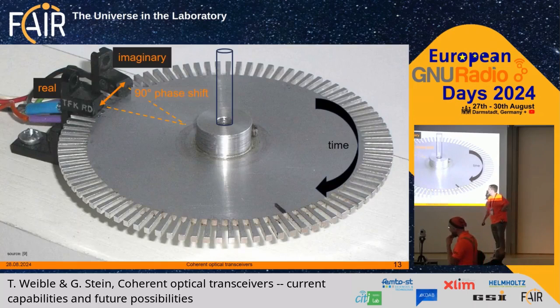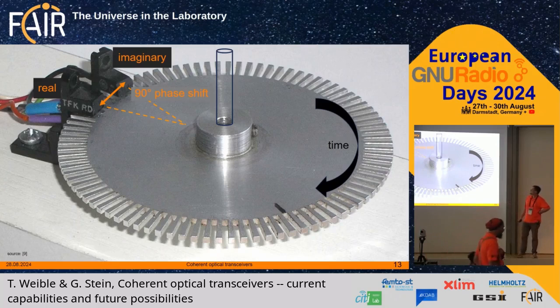Maybe getting a little bit back to a very simple kind of transceiver, which is related to some optical interaction you have here. We are defining one detector as the real part and the second as an imaginary part. But the question here is, I'd like to ask, why do you think we are doing that? Why do we have a rotary disk and why do we need the imaginary and real part?